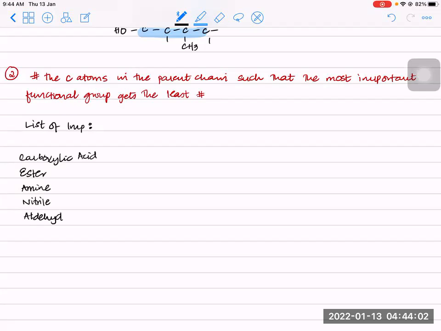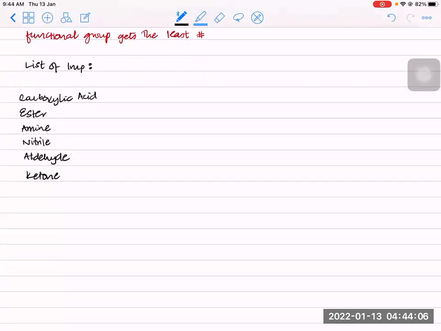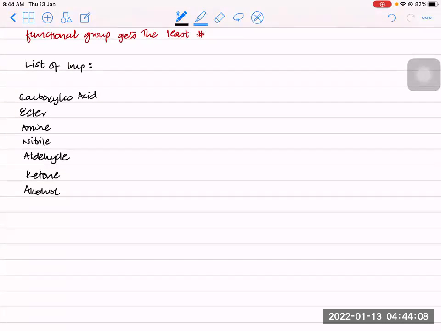Then there is, you need to remember this list so you can number accordingly. You have ketone, you have alcohol, then there is alkene, there is alkane, there is alkyl, and you have halogenoalkane. So this is the most important, and this is the least important.